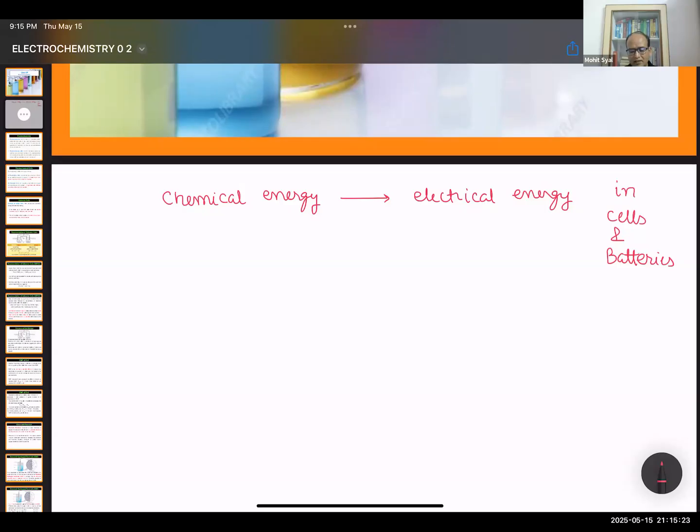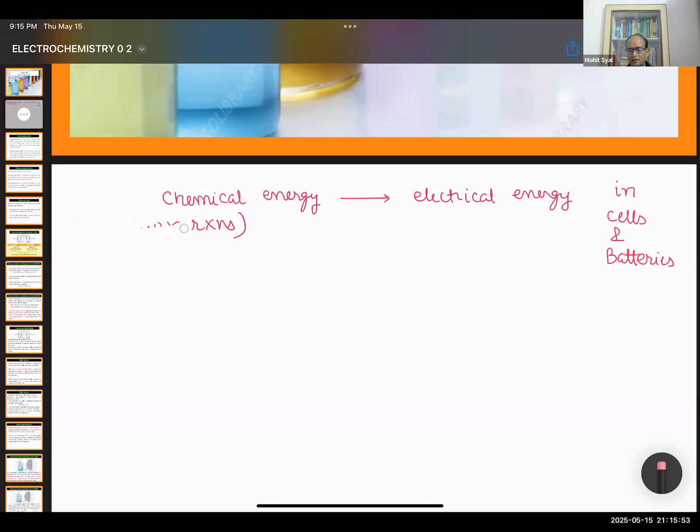So these chemical reactions are spontaneous chemical reactions, spontaneous chemical reactions which are redox in nature. What do you mean by chemical reactions? Or I should write it separately.